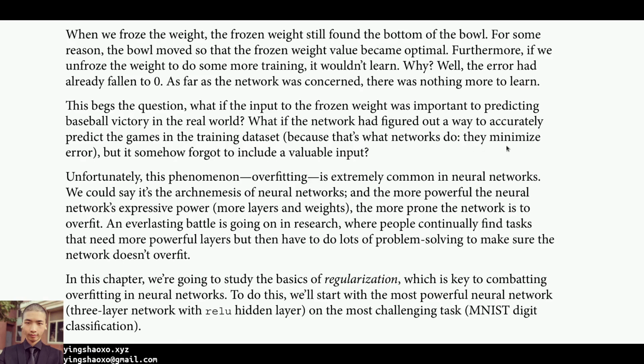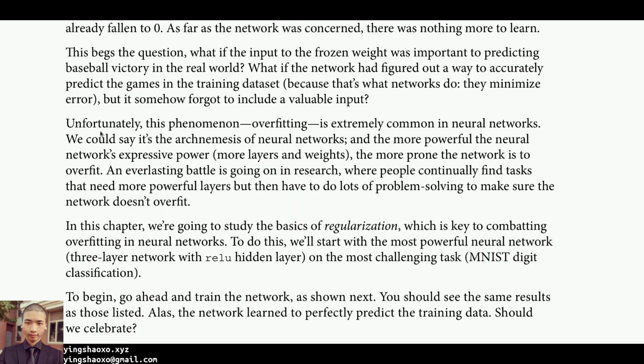They minimize error, but it somehow forgot to include a valuable input. Unfortunately, this phenomenon, overfitting, is extremely common in neural networks. We could say it's the archnemesis of neural networks.